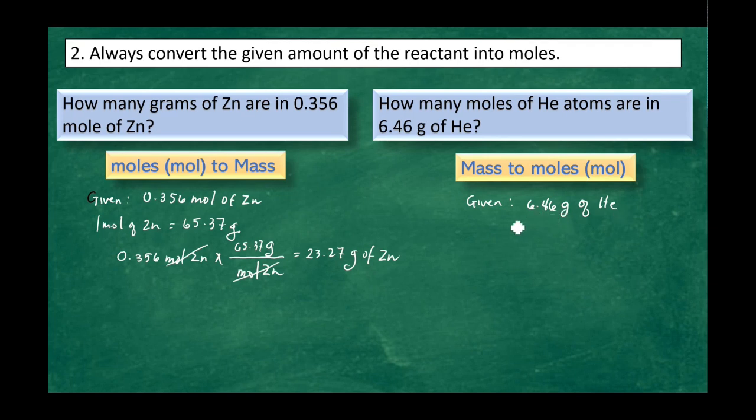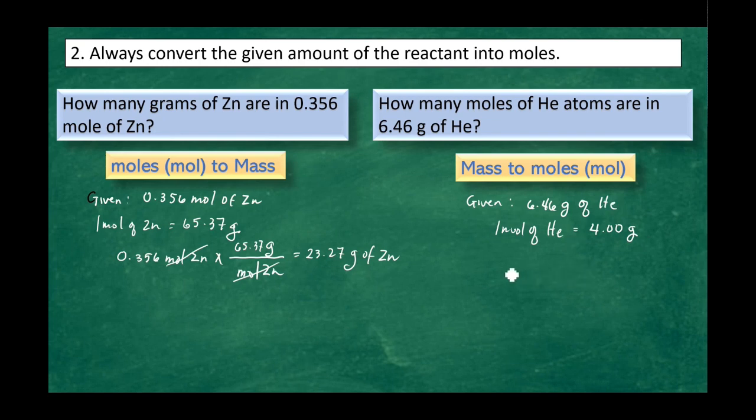Here, we need to always check the atomic mass. So 1 mole of helium will have what? What is the atomic mass of helium? That will be 4 grams. So now that we have the conversion, let's do the conversion factor.